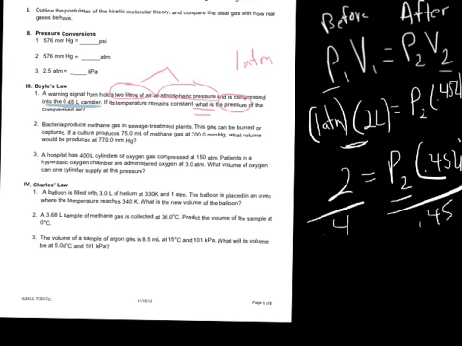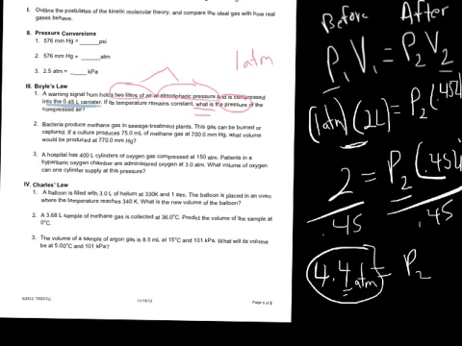Divide this by 0.45, and you're going to end up with 4.4 if I round to my significant figures. You're going to get 4.44 is equal to your pressure 2, or your final pressure, and that is in atmospheres, 4.44 atm. And that's how you would solve for number 1.